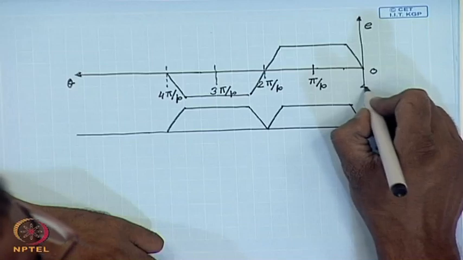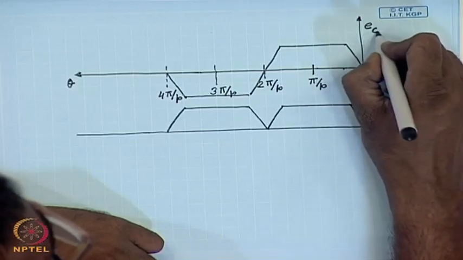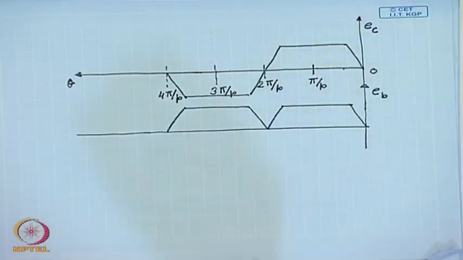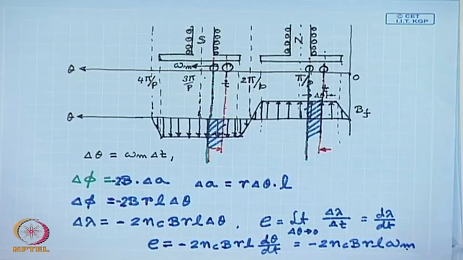This is the voltage induced in the coil, this is the voltage across the brush. This would have been the voltage across the brush had there been only one coil on the armature. But now consider a practical DC machine where there will be a large number of such coils.